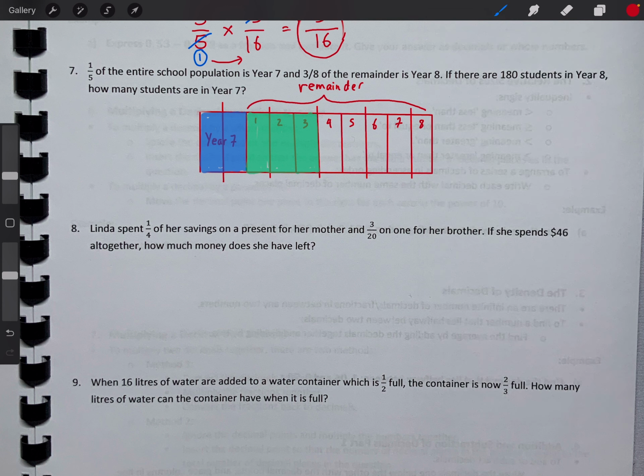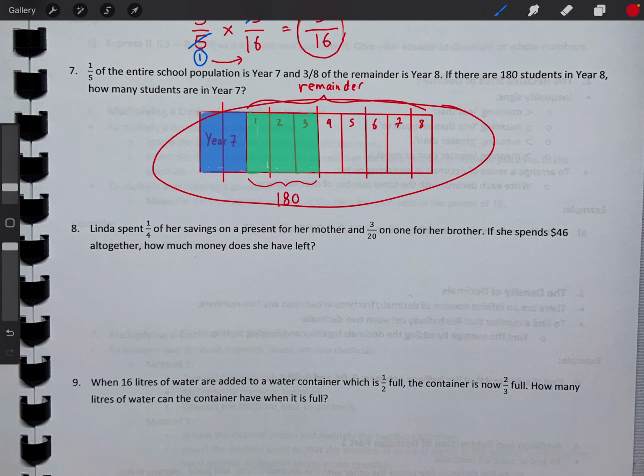Now, if there are 180 students in year 8, that means all of this is 180 students. Okay, how many students are in year 7? Well, to find the number of students in year 7, we know the entire school population is cut into how many pieces?